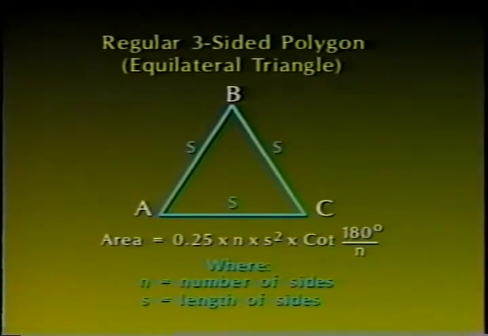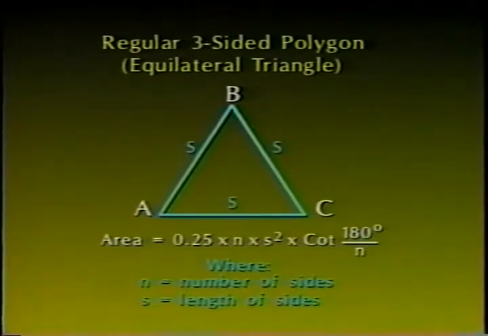The first polygons to be considered are the ones defined as regular, having all sides and angles equal. As shown in these next graphics, polygons are named for their number of sides. A formula for area computation is also shown in each of the graphics. The first regular polygon to be considered is the equilateral triangle, all 3 sides the same length.